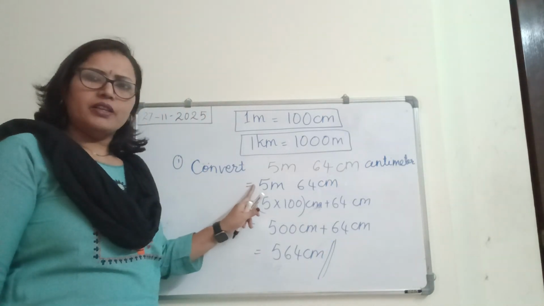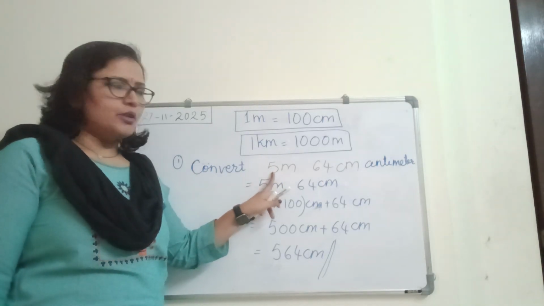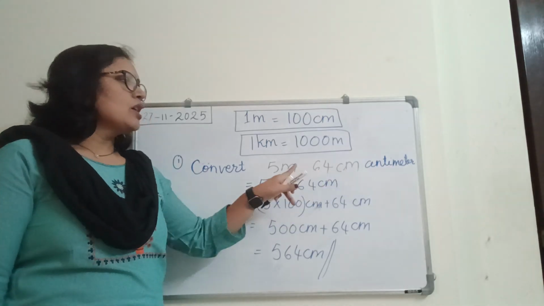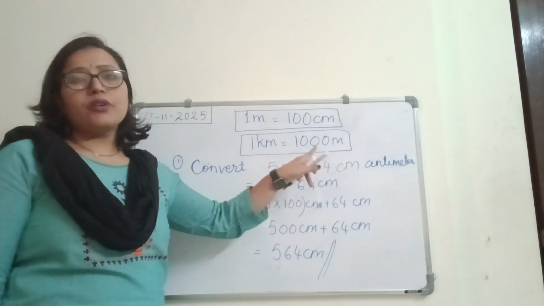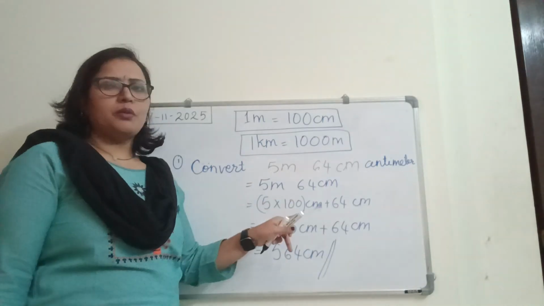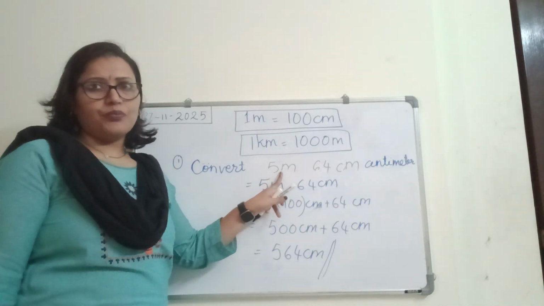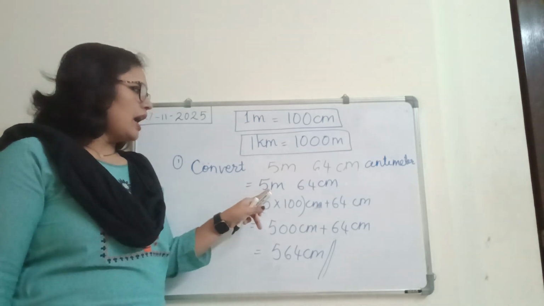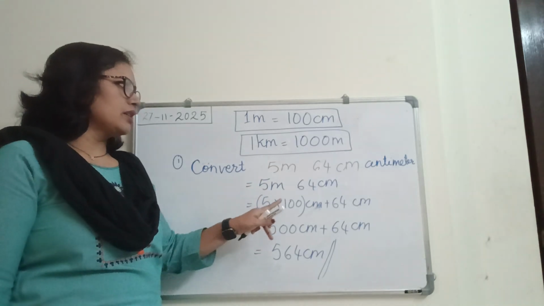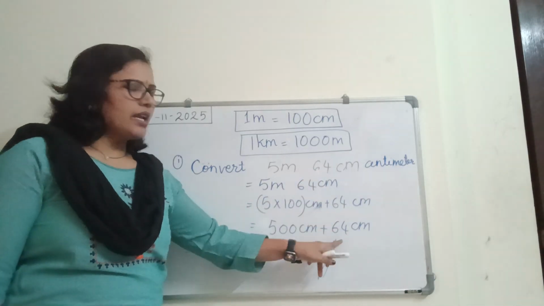So what have we done here? Because 5 meter is a bigger unit and 64 is a smaller unit because it is a centimeter, the units are different. First thing, we have to make the units equal for both the numbers. Converting 5 meter is easy, because we just multiply and make this 5 into 500 centimeter, and 64 centimeter is taken as it is.